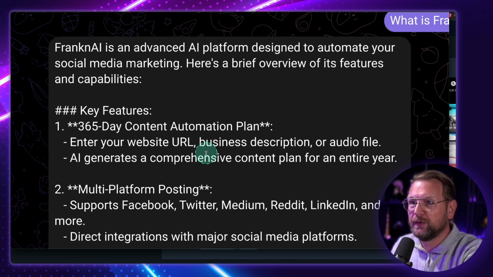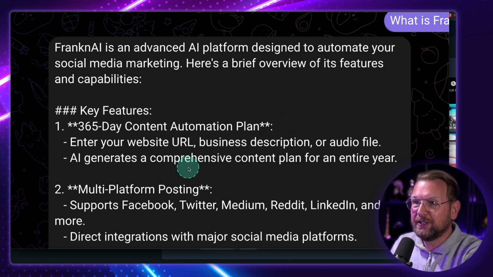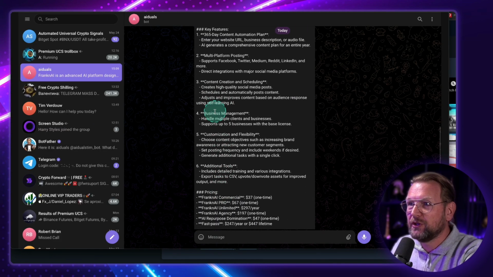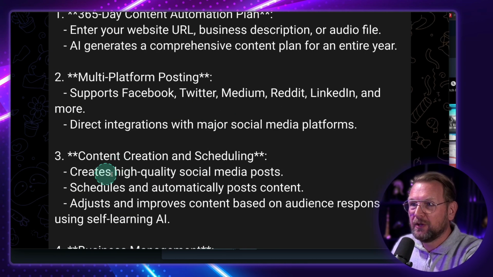Here's a brief overview. 365-day content automation plan. Enter your website URL, business description, or audio file, and AI generates a comprehensive content plan for an entire year. Multi-platform posting. Supports Facebook, Twitter, Medium, Reddit, LinkedIn, and more. I need to zoom out in order to show more here. Content creation and scheduling. Creates high-quality social media posts. Schedules and automatically posts content.